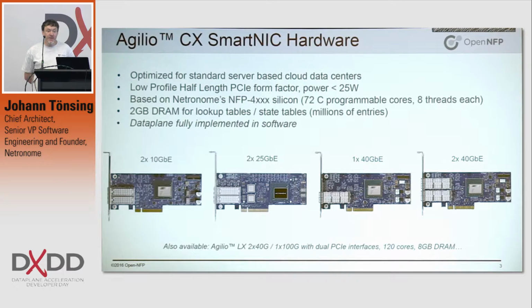They're based on the silicon, and in that one little chip, we were able to fit, using the optimized architecture, making the most out of every transistor, 72 C programmable cores, 8 threads each. Now that's a huge amount of parallelism, a huge amount of processing capability. And all those cycles per second then translate into a high packet rate.